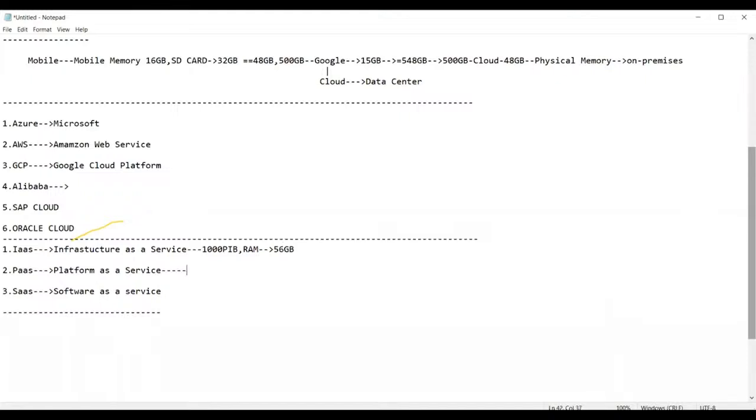Suppose guys, what is a platform? A platform is generally a type of operating system. Now guys, we are using Android as an operating system, and Apple is using some other operating system.